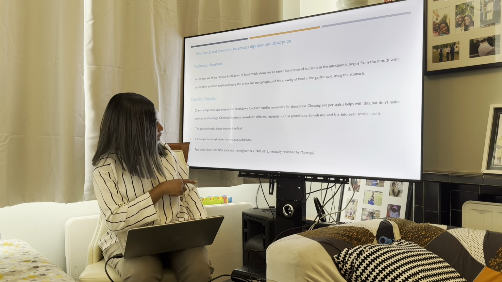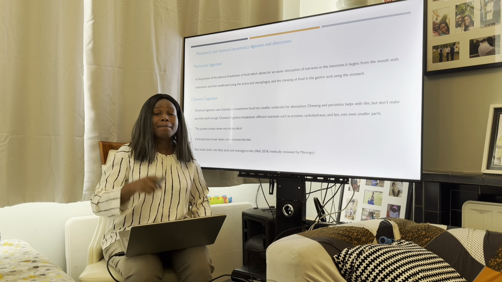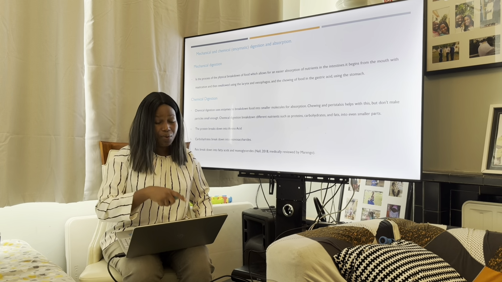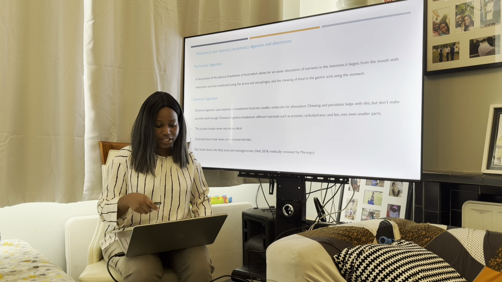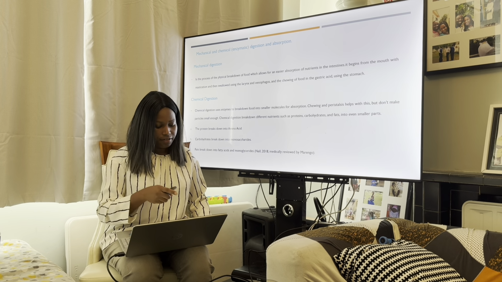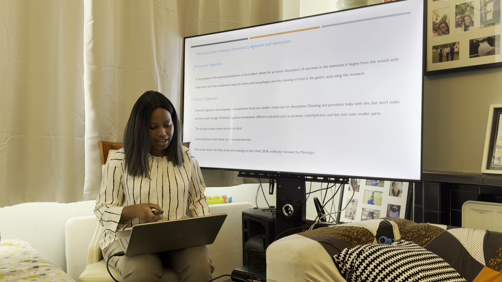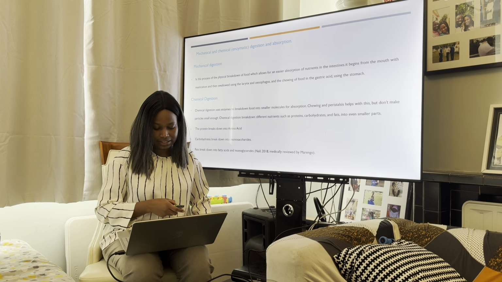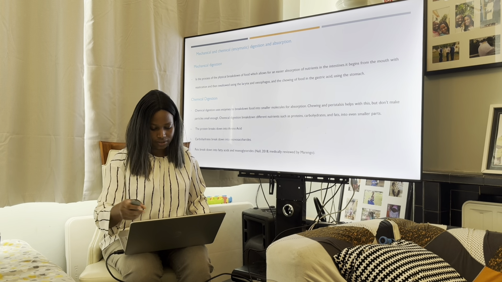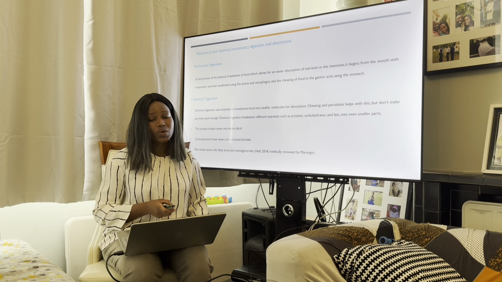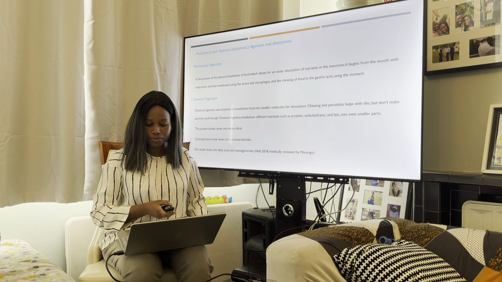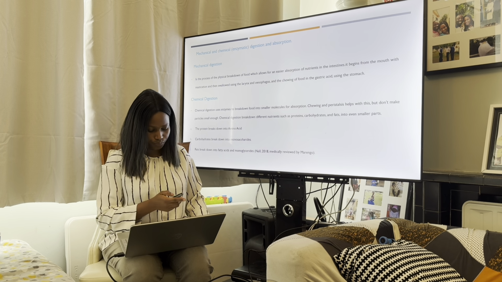Protein breaks down into amino acids. Carbohydrates break down into monosaccharides. Fat breaks down into fatty acids and glycerol. This is also cited from Now 2018, medically reviewed by Maringo.